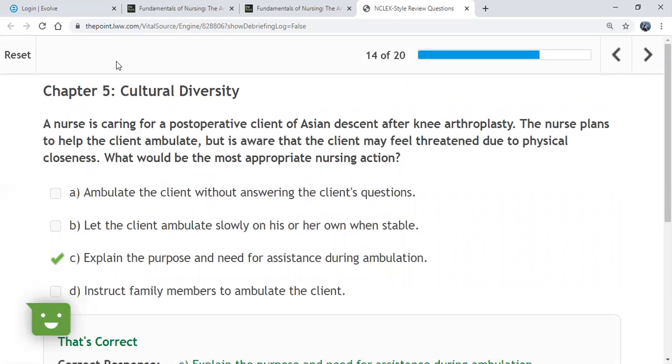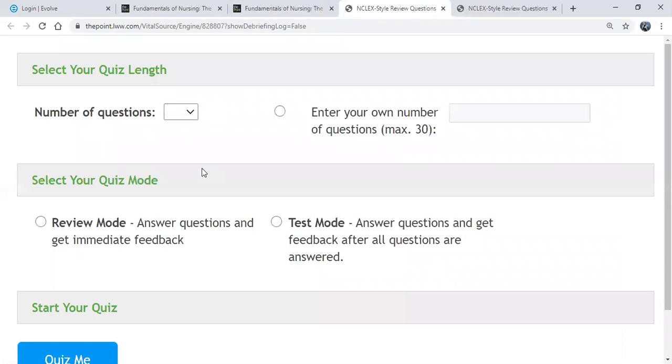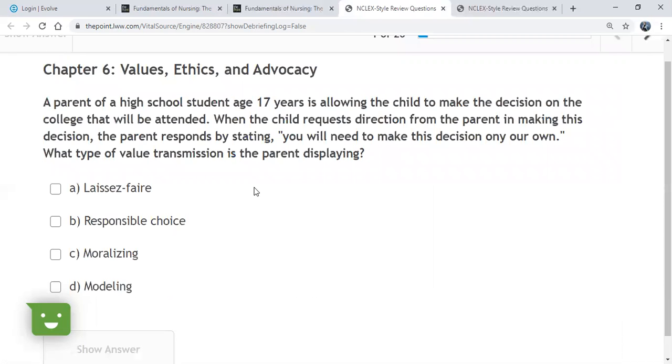All right, let's try number 6. A parent of a high school student age 17 allows the child to make the decision that college will be attended.